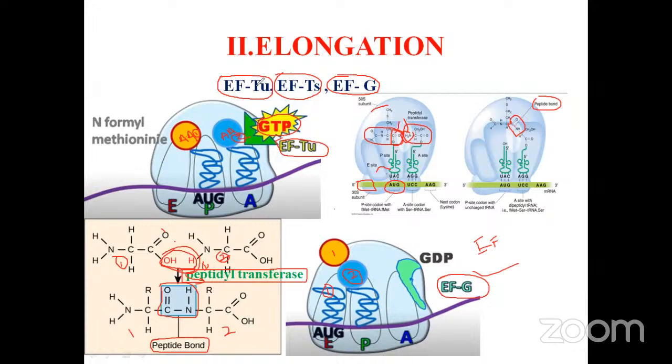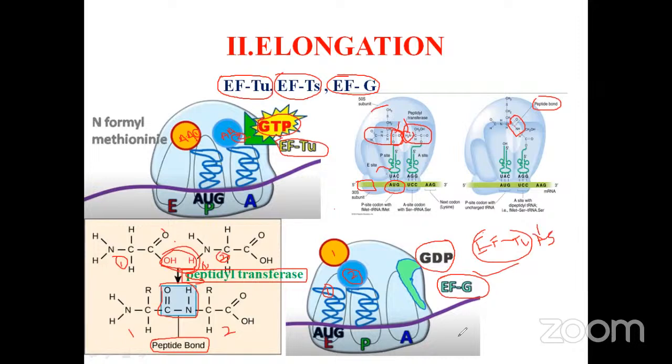With the help of EF-Ts, EF-Tu is activated and brings amino acids toward the A site. Actually, this EF-Tu converts the GTP, with the presence of EF-Ts. Now the GTP is converted into GDP and EF-Tu is removed; EF-Tu is also separated.